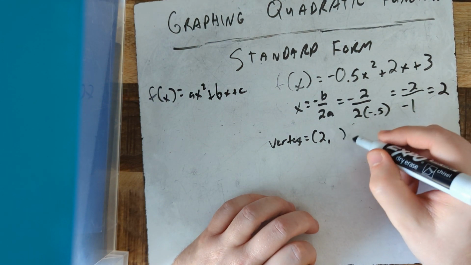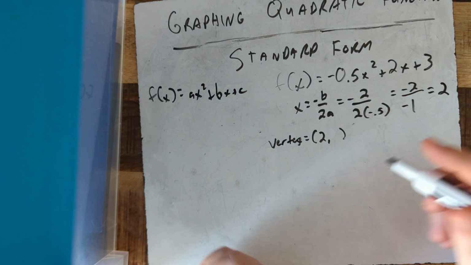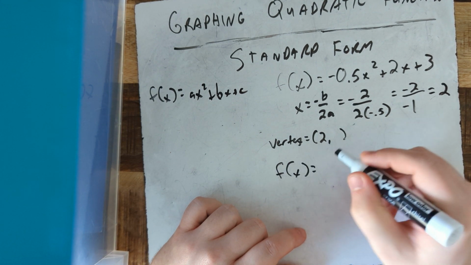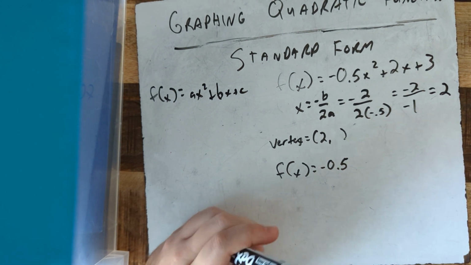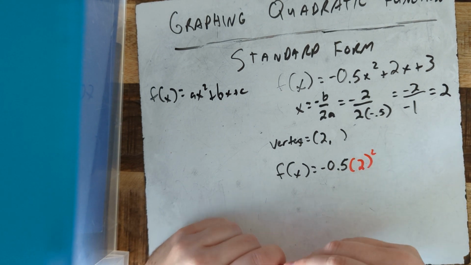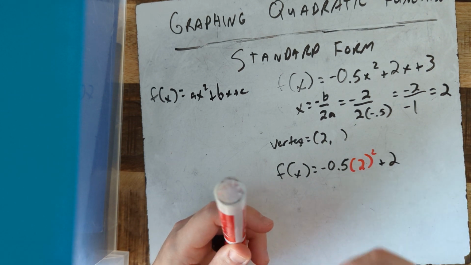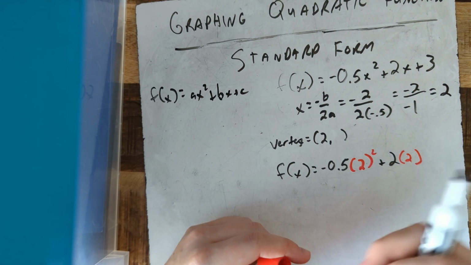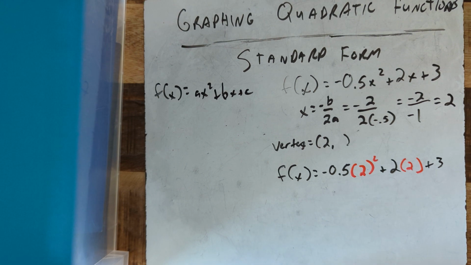Okay. Now to solve for our y, we take our 2 and we plug it back in for our x. So let's do that here. -0.5, and instead of writing our x, we're going to plug in our 2 squared, plus 2, and remember instead of x, it's going to be 2, and then plus 3 at the end.